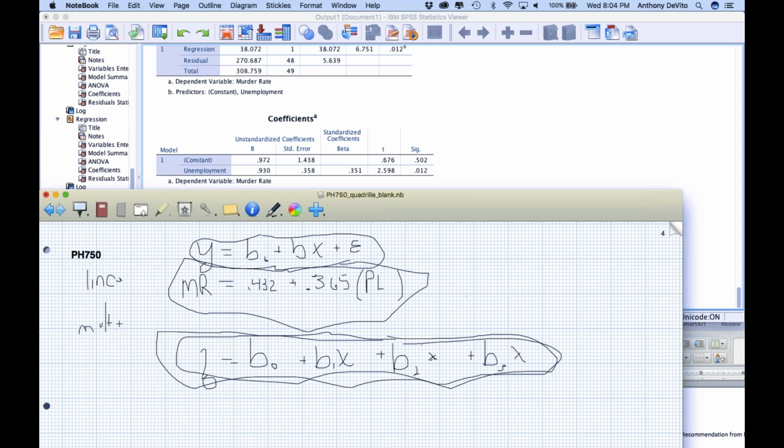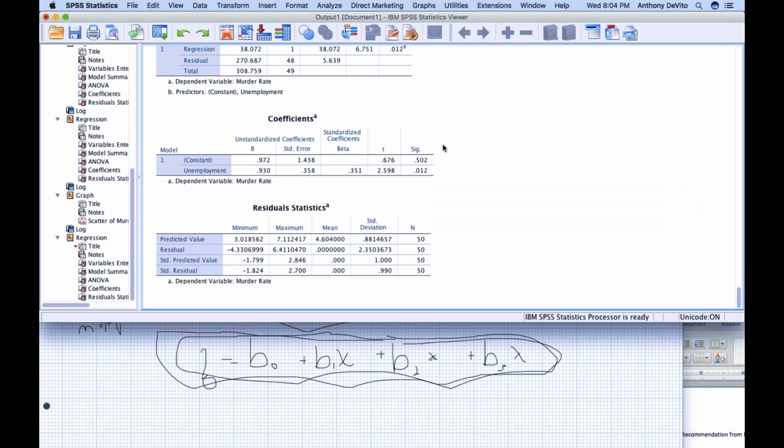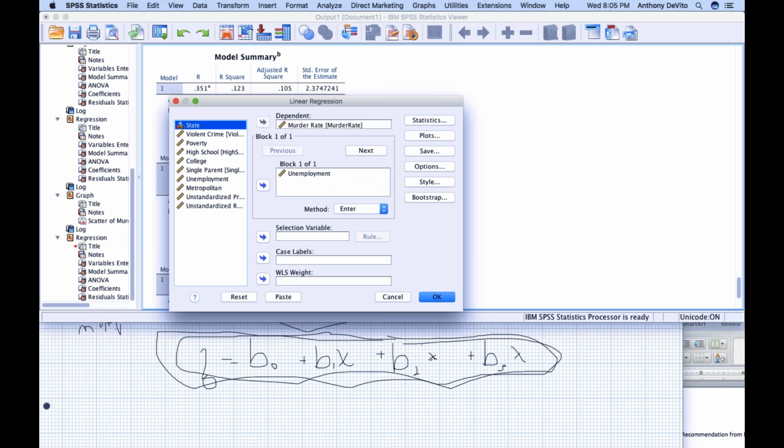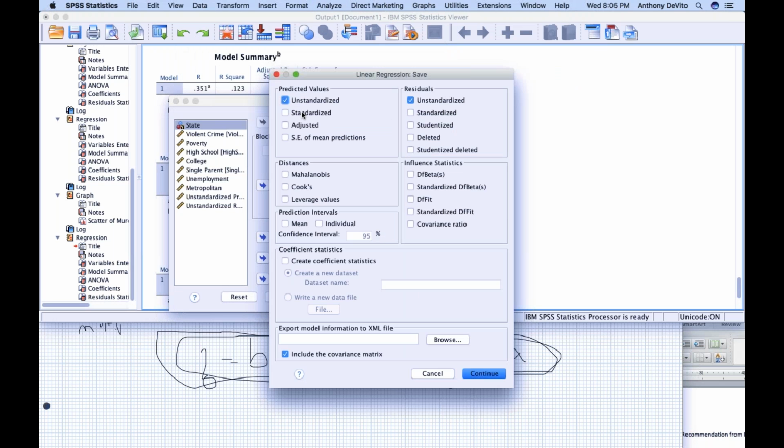Okay, multiple linear regression. Again, if I go back here, as soon as I did this, because I didn't turn it off, analyze, regression, linear, you may have noticed that in the save, it's still calculating the unstandardized values, the predicted values that are based on each state, and it's calculating the residuals as well.